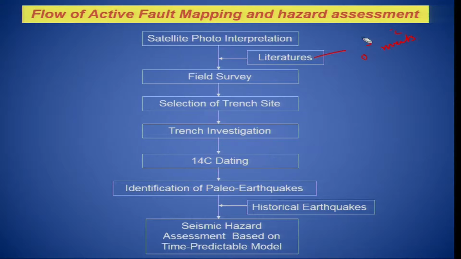Okay. Then we do the field survey to identify those features which we have picked up from the satellite data. Then we try to select the site for trenching. Okay. So, this is what we do. Whenever there is an earthquake, or whenever there were past earthquakes, the deformation is preserved within the sediments and on the surface.